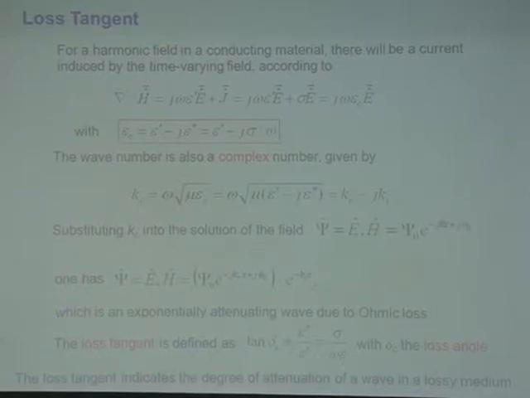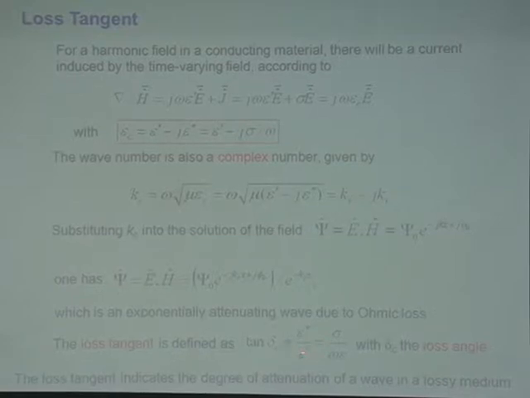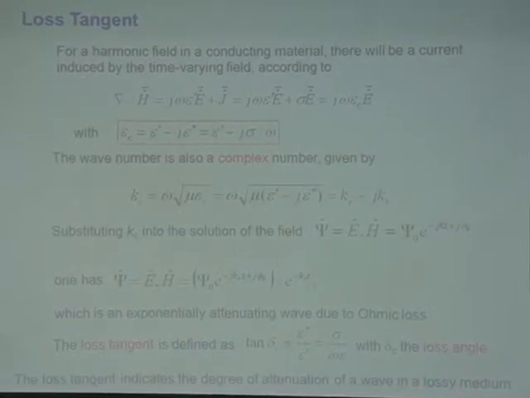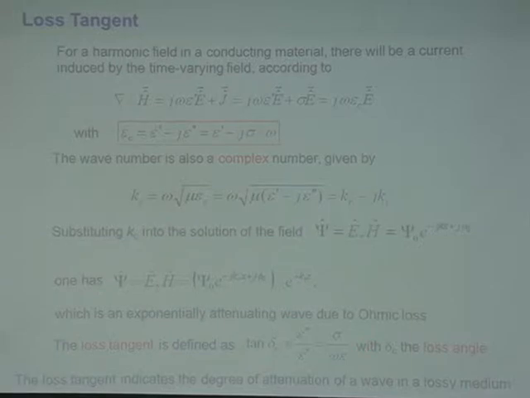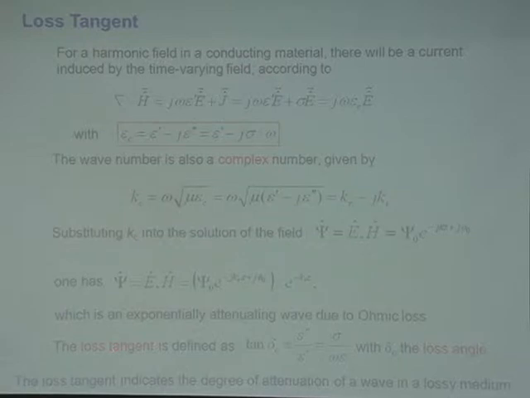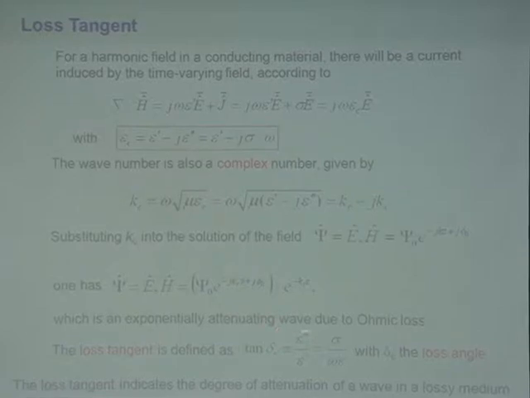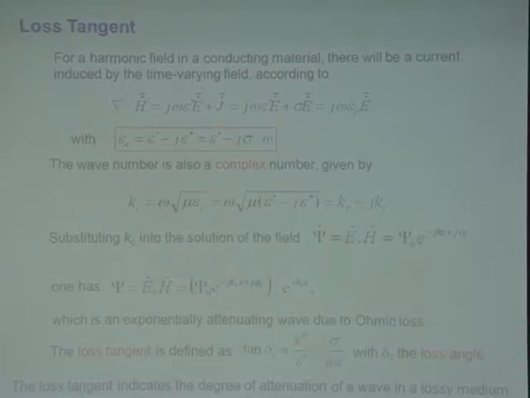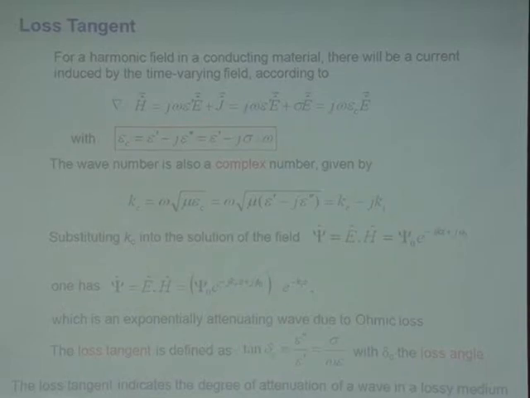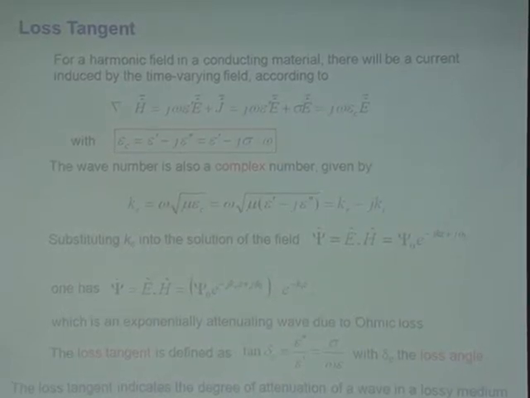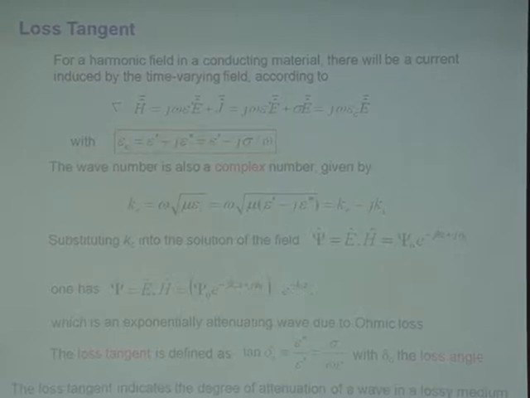OK，那所以呢，你可以把它定义成一个角度，这个 loss tangent 是 epsilon double prime over epsilon prime, and for a conductor you have this expression. OK，那这个 loss tangent 越大，代表说它的衰减越快，因为它的这个分子的部分是它的这个 complex permittivity 的虚数部分。Okay, so loss tangent is basically an index telling you how fast this wave is going to attenuate.